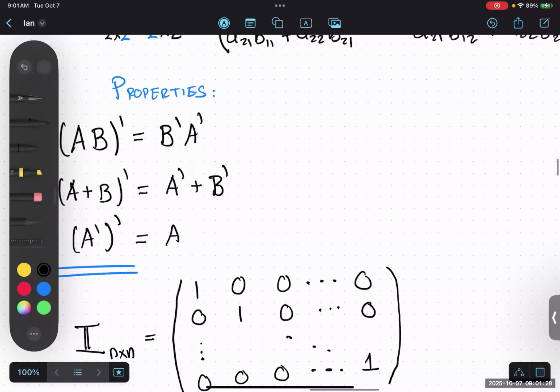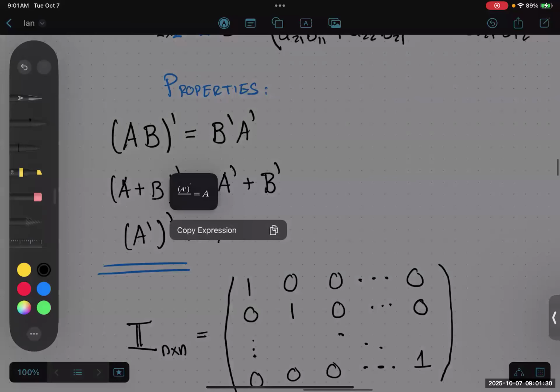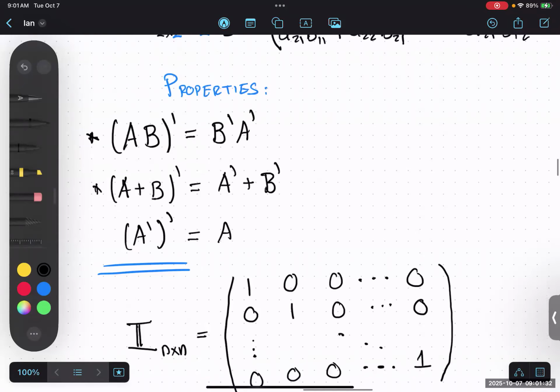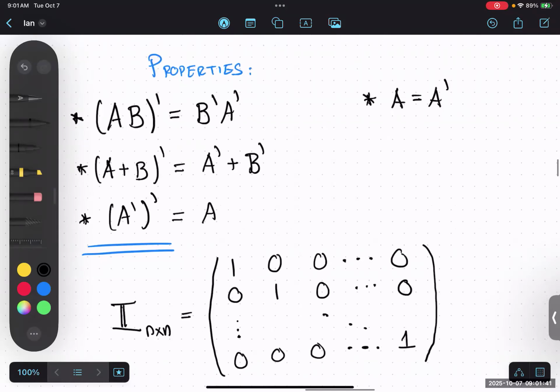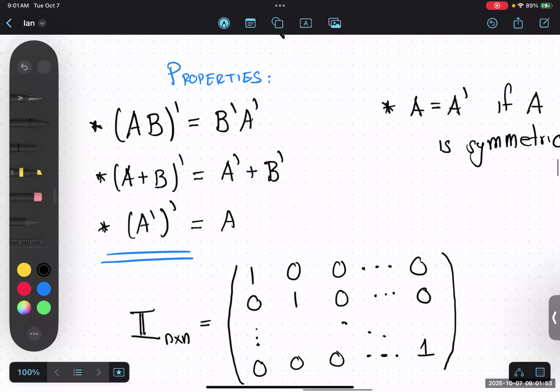Probably something, like an additional property that I should explain here, is that A is equal to A transpose if A is symmetric. If A is a symmetric matrix, the transpose of A is A itself.